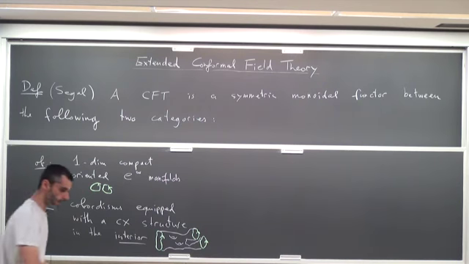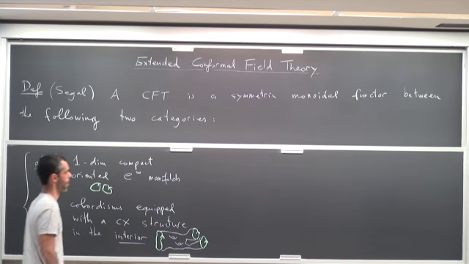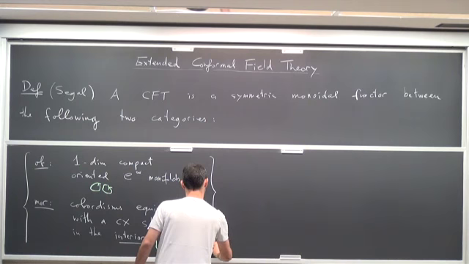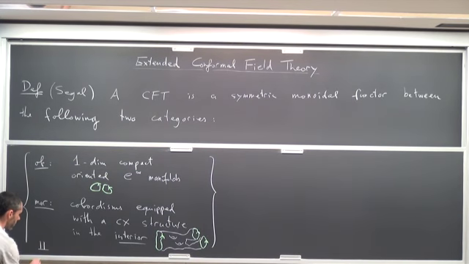Very good. What is the monoidal structure? It's the operation of disjoint union. So maybe I should also put it here. Disjoint union is the monoidal structure.